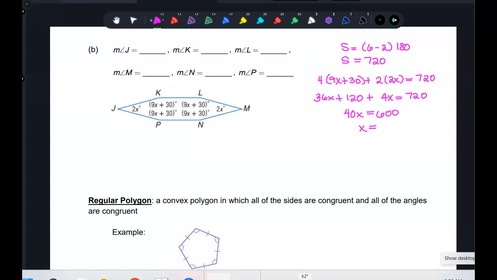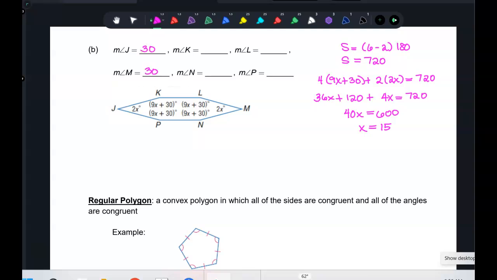What do we get for x? Good. We get 15? All right. So if x is 15, well, the two on the ends will just be 30 and 30. So J is 30.